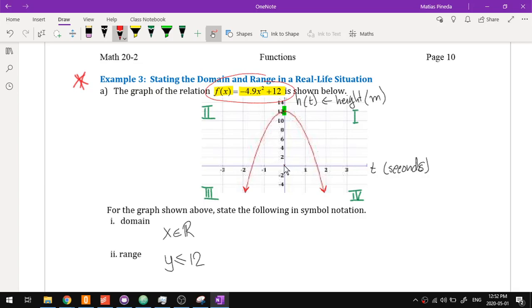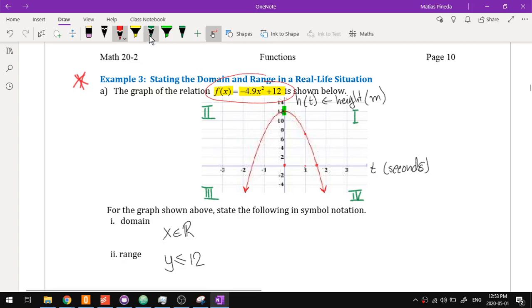At time 0, when it just jumps off right there, it's going to be 12 meters above the ground. After 1 second, it's going to be somewhere between 6 and 8 meters right there. And somewhere between 1 and 2 seconds, it's going to hit the ground. It's 0 meters above the ground. So this portion of the curve makes sense in this context.